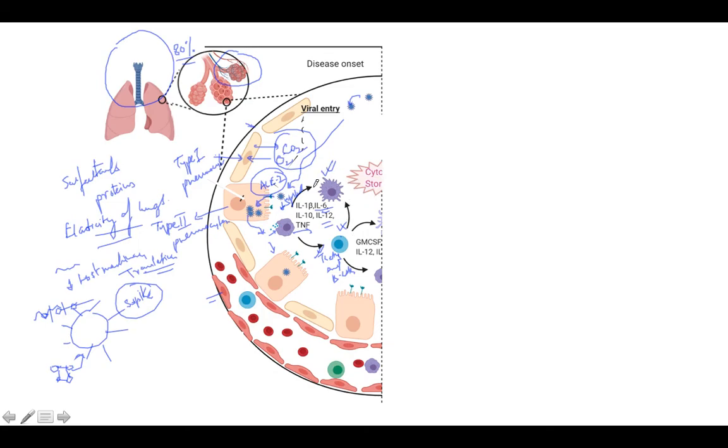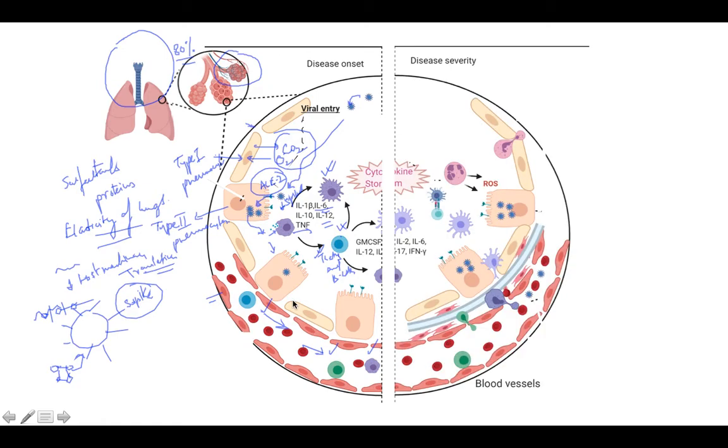Now here you can see the bloodstream. In the bloodstream there are different lymphocytes, T cells, B cells, macrophages. They are moving, and because of these cytokines they get a recruitment signal. So now these cells start entering the system, like these dendritic cells.